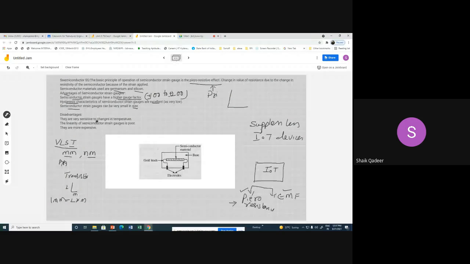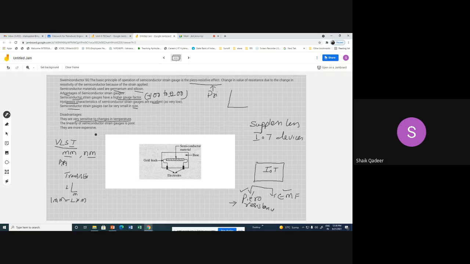Next, as we all know, there are a few disadvantages connected with semiconducting implementation. One is its high sensitivity, and another is the sensitivity dependence on temperature. The change in resistance causes variation in sensitivity. What do you mean by sensitivity?